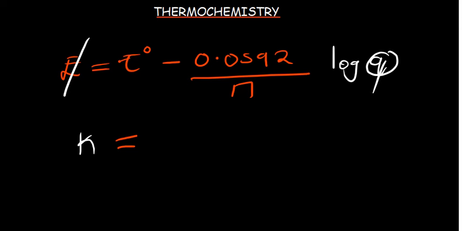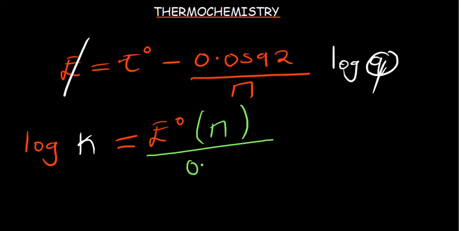Who can remember what we said? 10 to the power, log K, the standard cell potential, open brackets, n divided by 0.05.